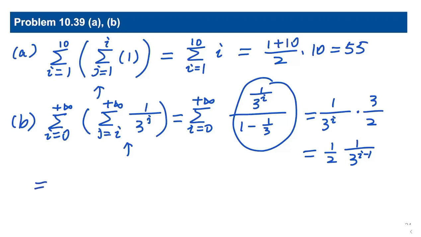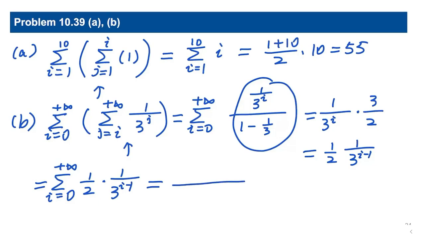Therefore, the whole series equals the sum over i from 0 to infinity of 1/2 times 1 over 3 to the power i minus 1. Again, this is an infinite geometric series. The first term is when i equals 0, so 3 over 2.